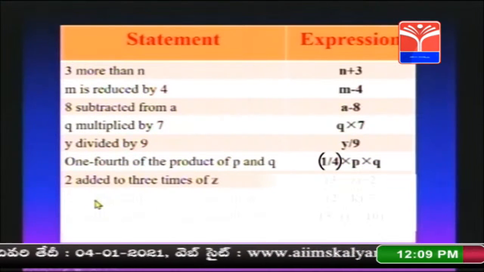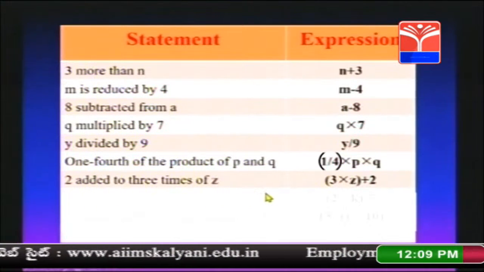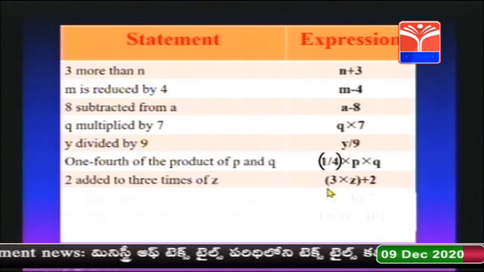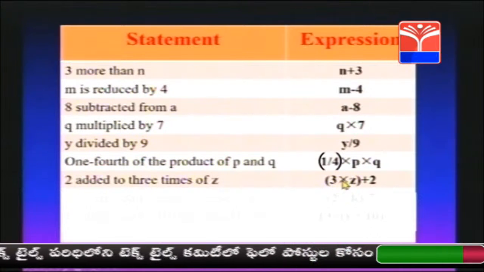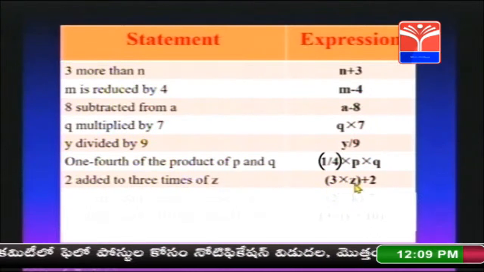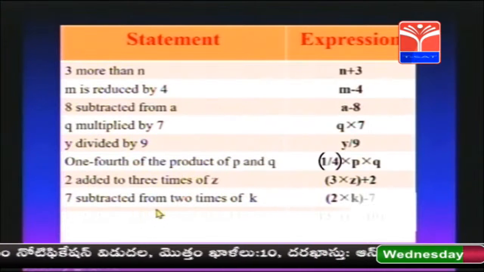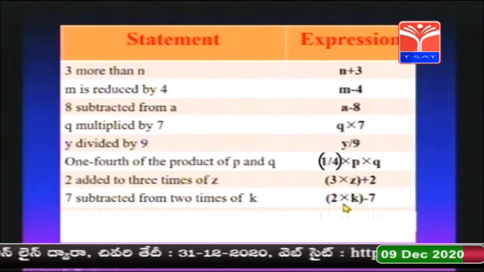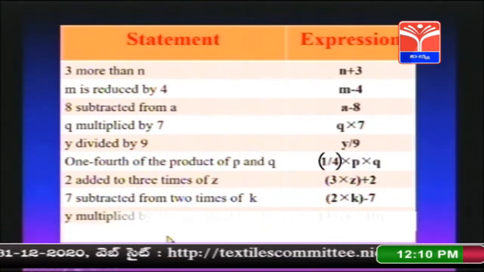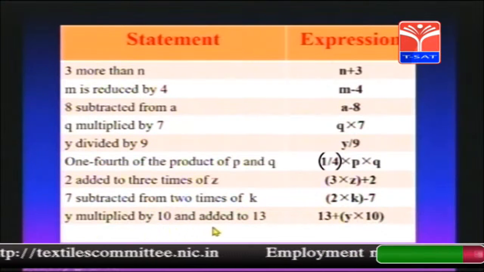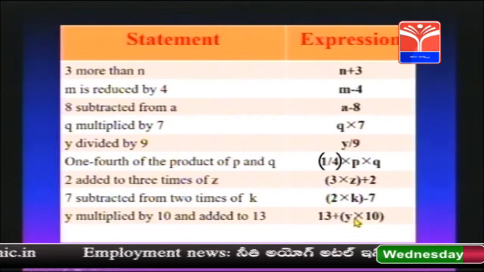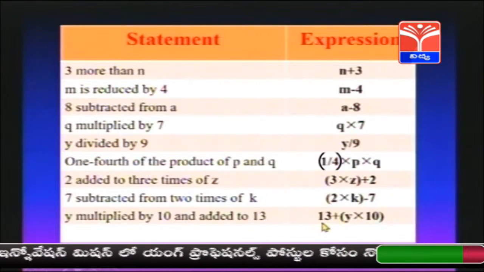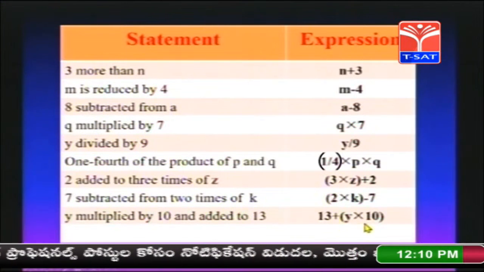Next one, 2 added to 3 times z, that is 3 times z can be written as 3 into z, times means into, so 3 into z plus 2. 7 subtracted from 2 times k, that is 2 times k, 2 multiplied by k, minus 7. y multiplied by 10 and added to 13, that is y into 10, and this expression is added to 13. So we can express it as 13 plus y into 10.